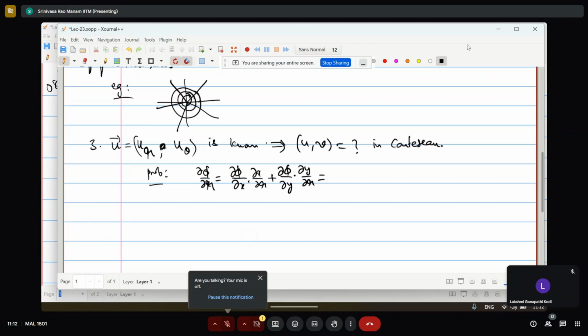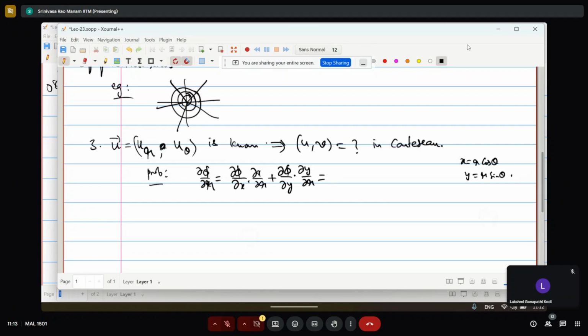Basically I am writing the total derivative of phi as a function of r and theta, x, y. R and theta are in terms of x and y, so this is the composition, the total derivative, and divide by dou r. This will give me dou phi by dou x by dou r. x equal to r cos theta, y equal to r sin theta.